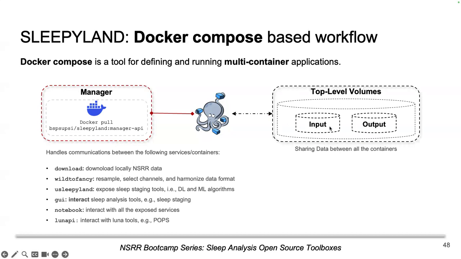And then we have the top-level volumes, input and output. These are really important. The manager and the top-level volumes are the core of Sleepyland, because thanks to the input and output, we can share the data between all the containers. These are the places where we are exposing, for example, the prediction.